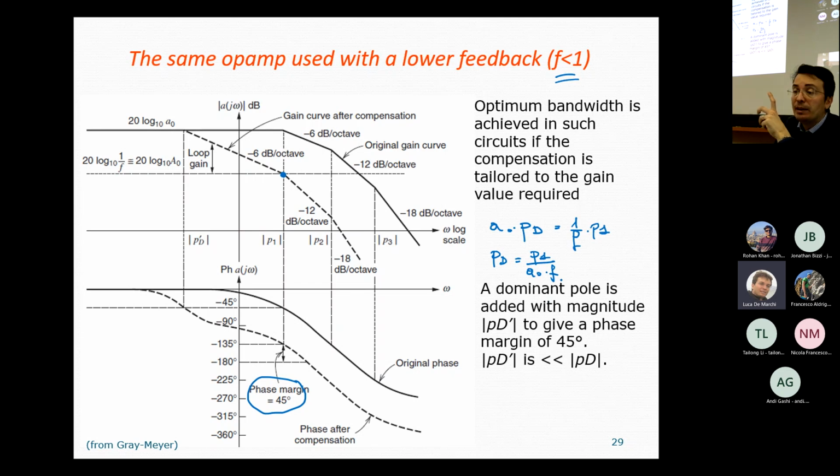Okay, so the new PD, in this condition, let's call it PD prime, is at higher frequencies with respect to the previous case. So if you remember, when f was equal to 1, the value of PD was P1 over A null. In this particular case, PD prime is a bit larger because f is smaller than unity.